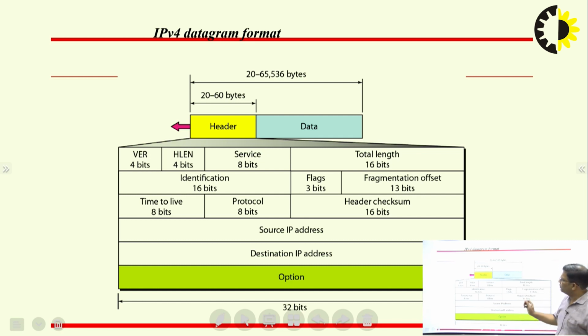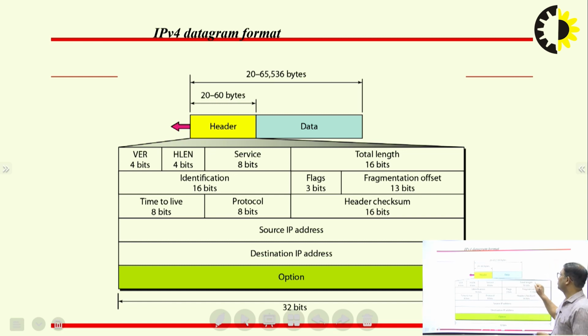Okay. So this is the header format, where this is the first 4 bits and this is 32 bits. Keep in mind that the header format, even when we study ARP, RARP, IPv6 and any other format, is always 32 bits wide. So the first 4 bits are kept for version, the next 4 bits for HLEN, the header length, and the next 8 bits for services, the different types of services we use along with IPv4.